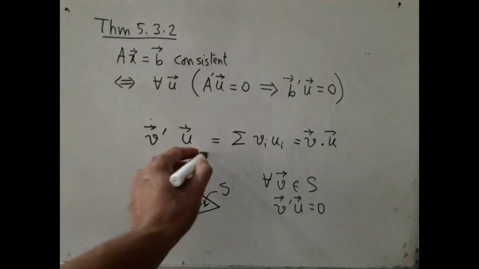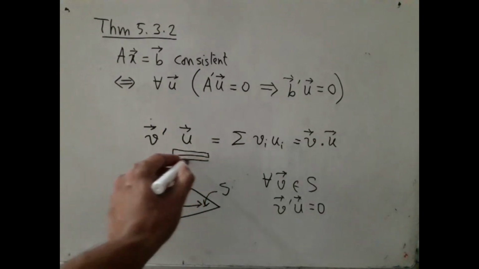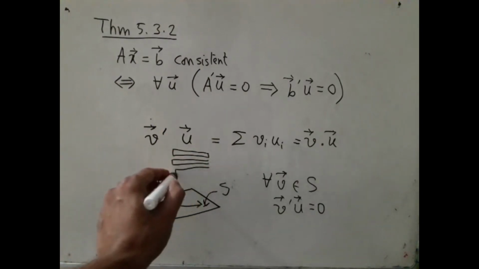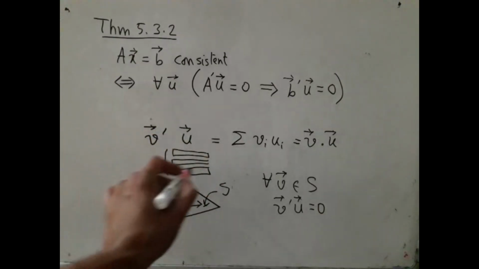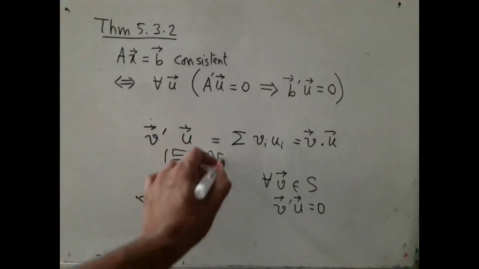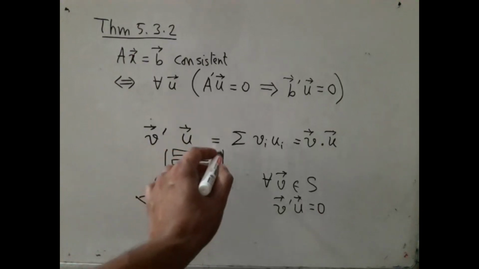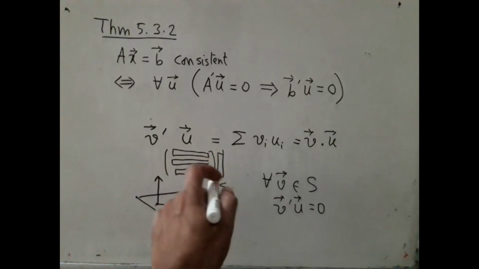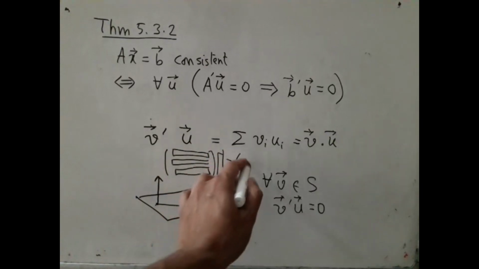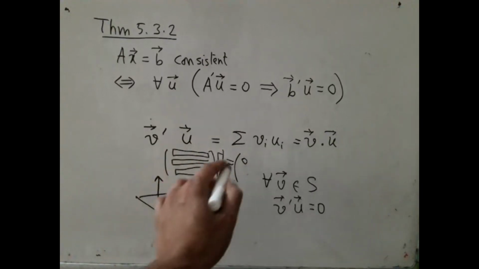Because what is A prime? A prime is nothing but A lying horizontally. So, here are the columns of A, now they are lying horizontally. These times U. So, this times this plus this times this, that is the first entry. Then this times this, that is the second entry.